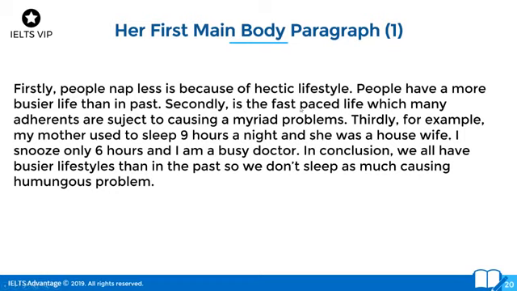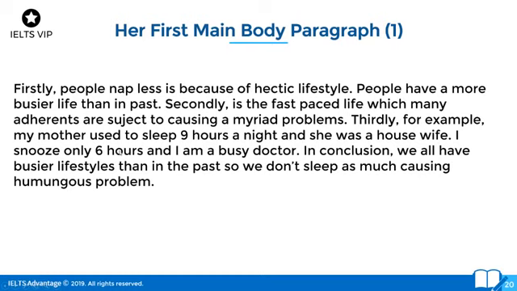"Secondly is the fast-paced life which many adherents are subject to, causing a myriad problems." So this seems like it's a second idea because she's put secondly in here, but it's really the same idea as the last one, fast-paced lifestyle, and this causes problems. "Thirdly, for example, my mother used to sleep 9 hours a night and she was a housewife.